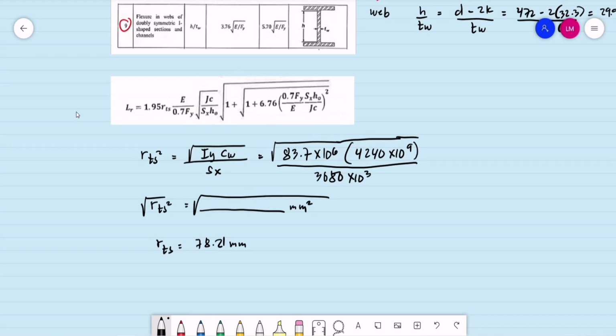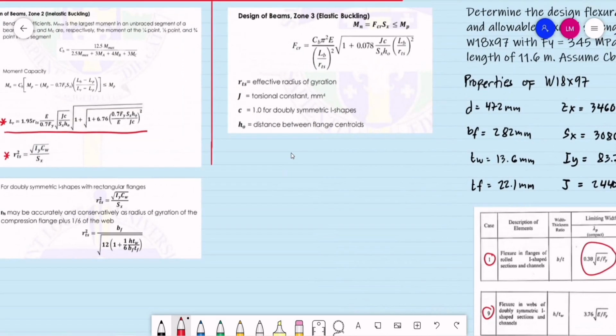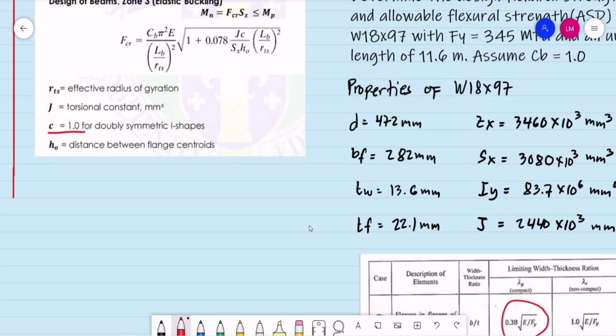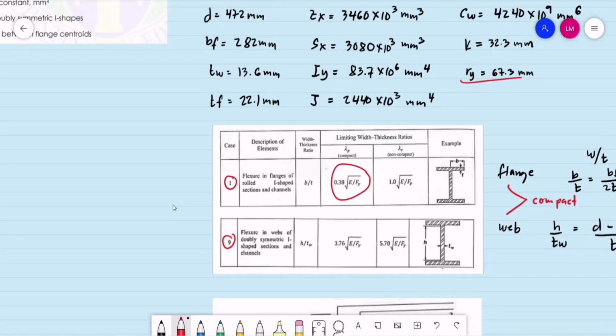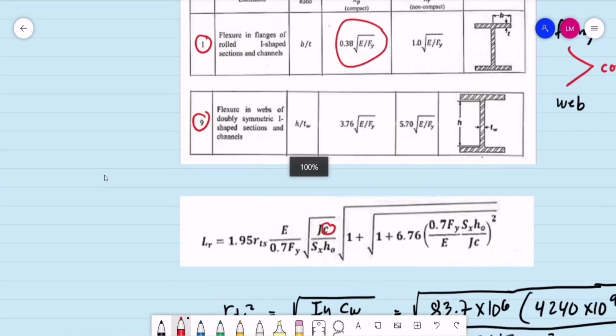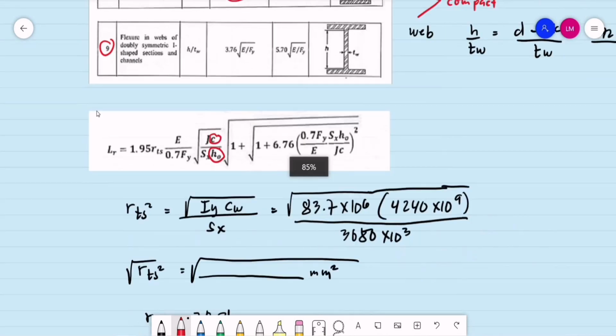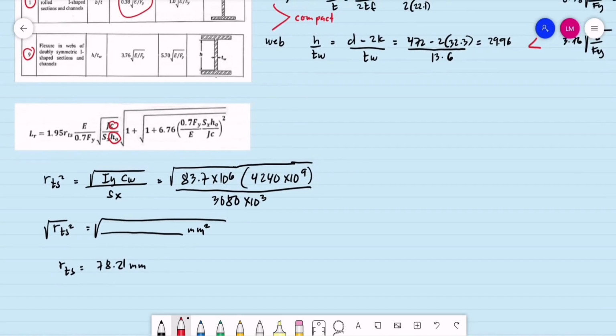And then next we have the value of C. From our reference, the value of C is equal to 1.0 for a doubly symmetric I shape. That includes our section, the W18 by 97. And then, what else? We need the value of the H sub O. From our previous discussion, how do we compute for the value of the H sub O?